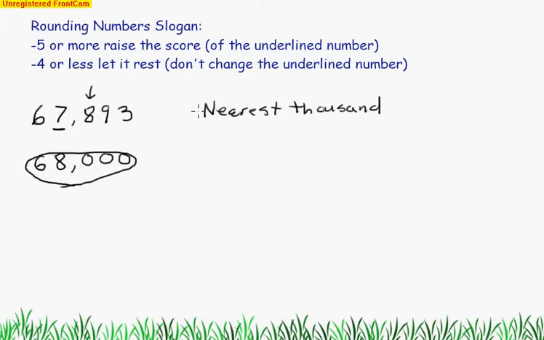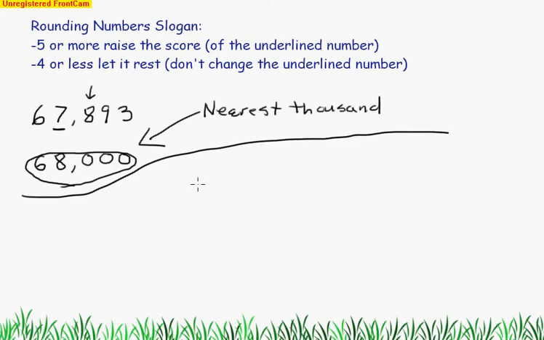Let's see what this number would look like if I rounded it to the nearest 10,000. So we'll rewrite it again over here. 67,893. And I want to go this time to the nearest 10,000.